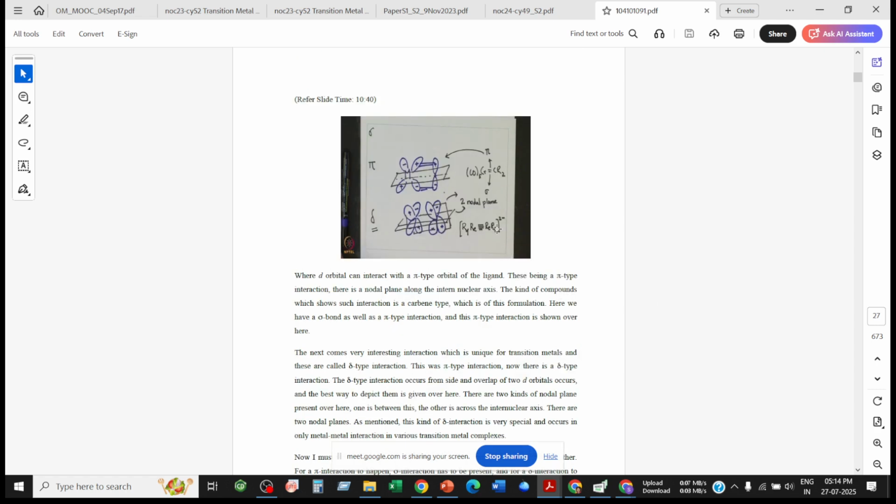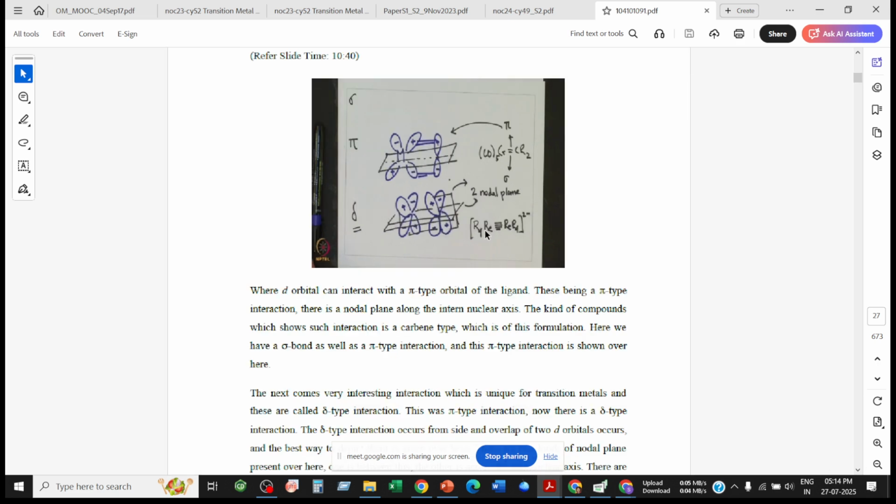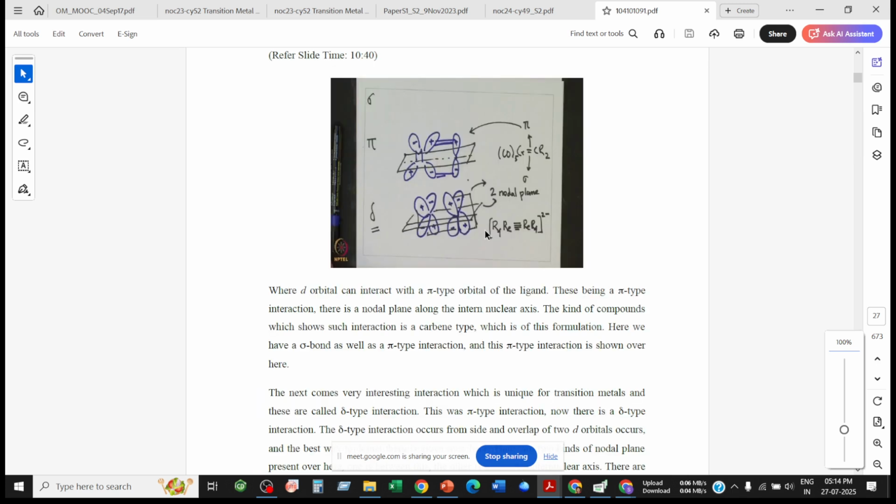Here, on this page, you can see in this example chromium CO5, Cr double bond C, where this one is chromium and there is an alkyl group attached to the carbon. So this is a metal carbon multiple bonded compound, and here two bonds are there. For the two bonds, one should be a sigma bond, another a pi bond.